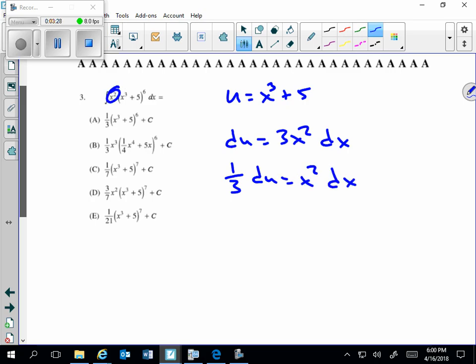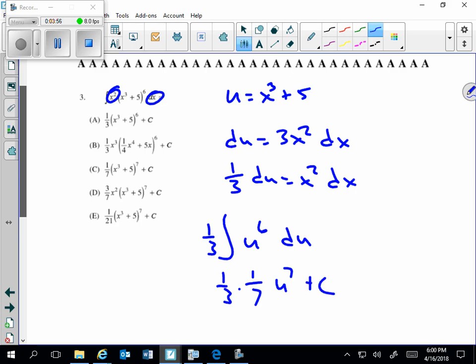So my x squared and my dx come out, and I get the integral of u raised to the 6th power. 1/3 du goes in its place. Integrating that gives me 1/3 times, increase the exponent by 1, right? So I get 1/7 times u to the 7th, correct?